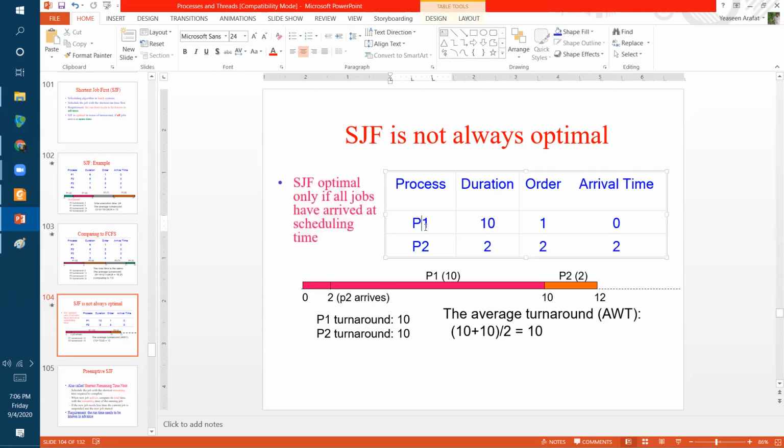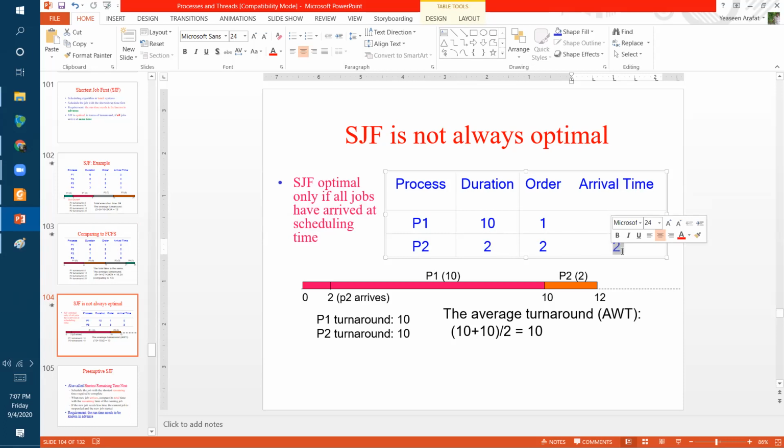In this scenario, the P1 process needs 10 seconds to do its job. Its arrival time is 0 seconds, but P2 needs only 2 seconds to finish its job, and the arrival time of P2 is 2.